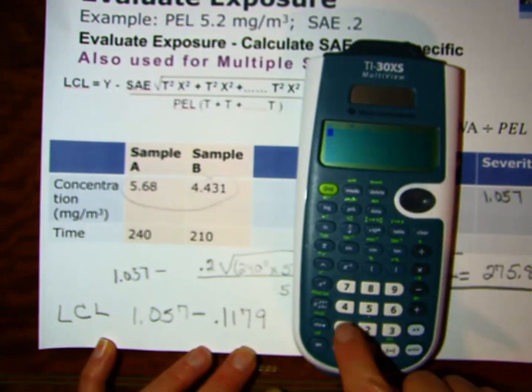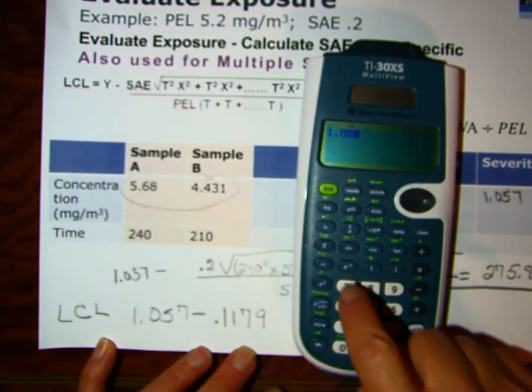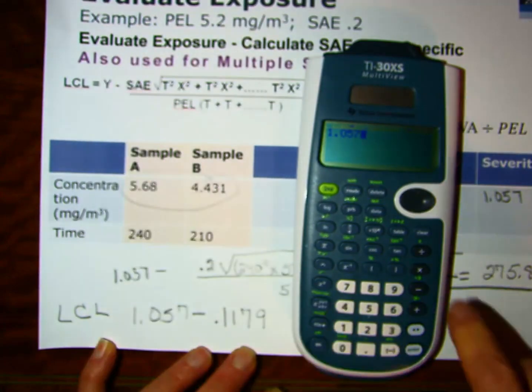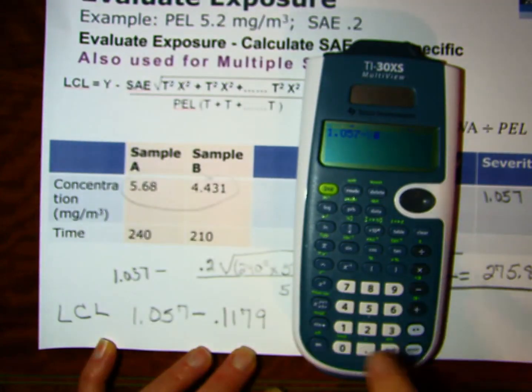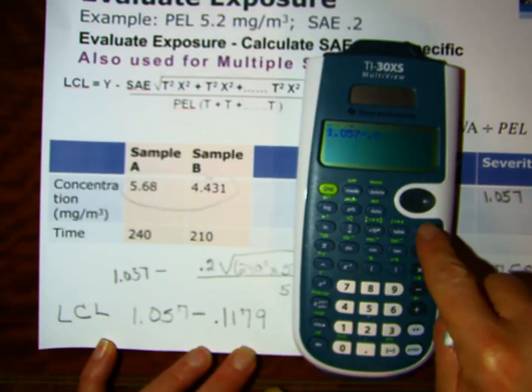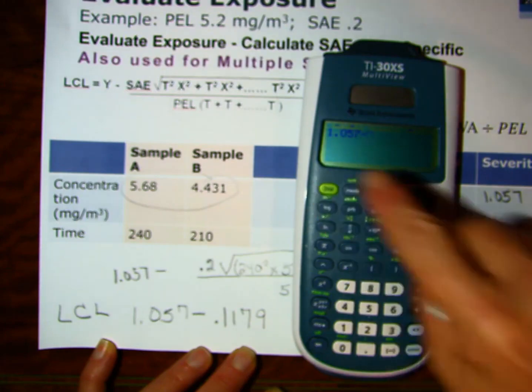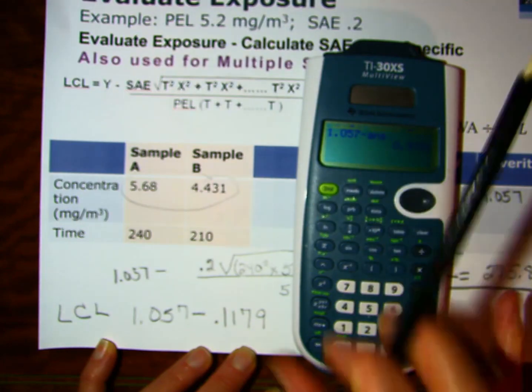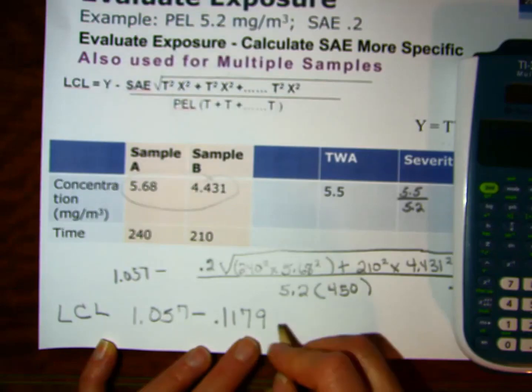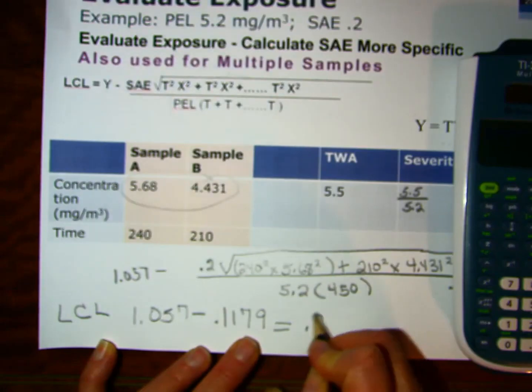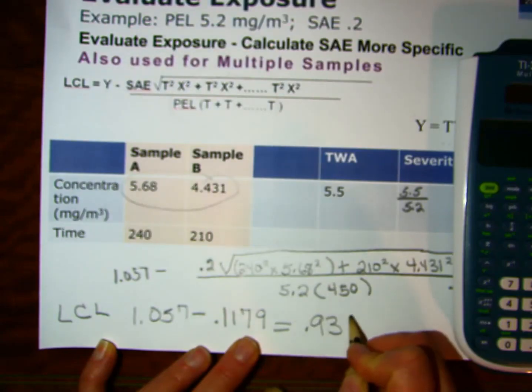So I take 1.057, which is our severity, and I'm going to subtract that from this calculated value. This gives me an answer of 0.9391.